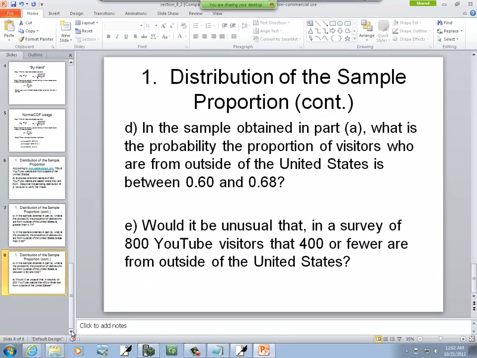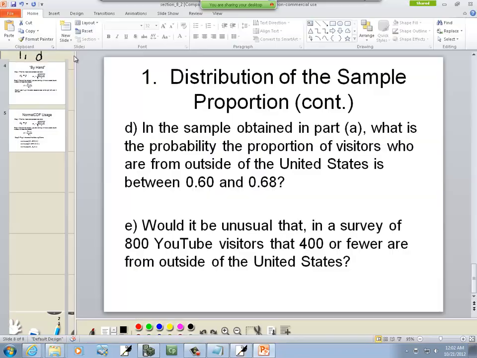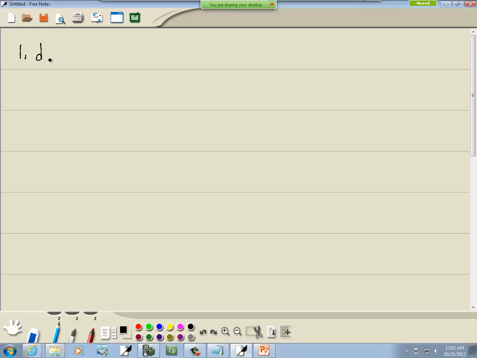Let's look at D. No memory. I don't remember what N is. N is 800. And P is equal to 0.70.